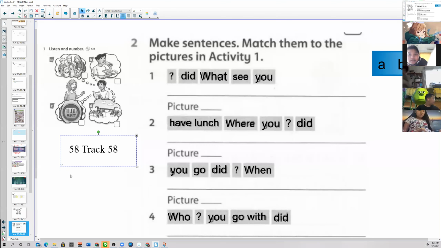I went with Ollie and his family. Number 3. What did you see? We saw a tournament. A tournament? With knights and horses? Yes, it was brilliant. Number 4. Where did you have lunch? In the castle restaurant. We ate with our fingers. Wow, I'd like to go to Northcourt Castle.